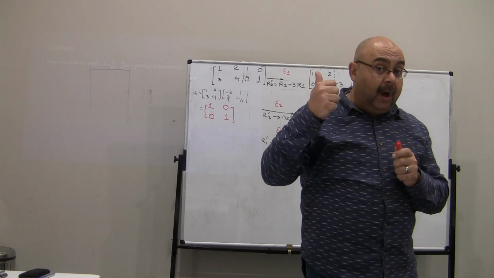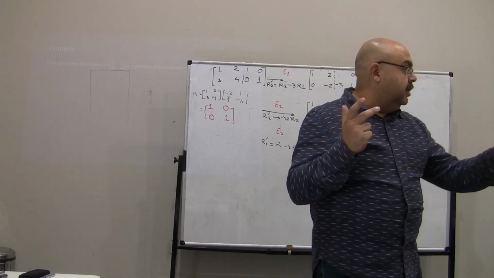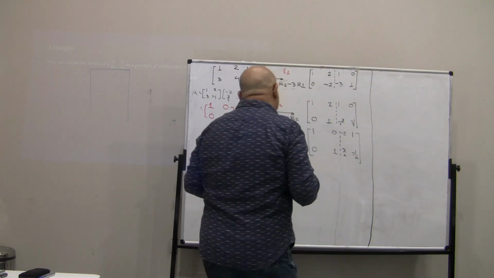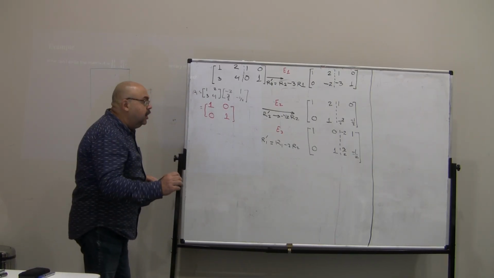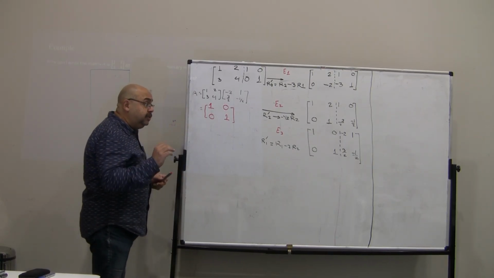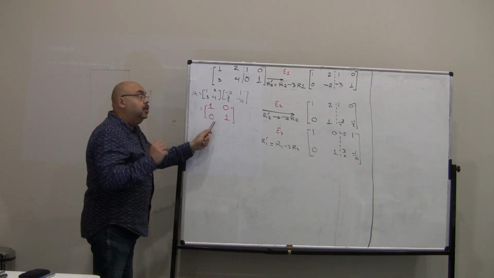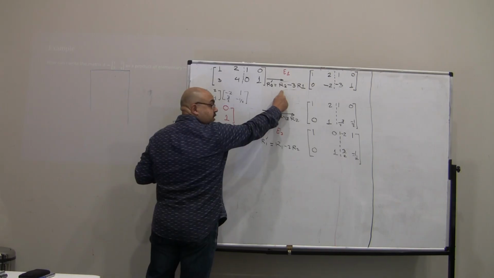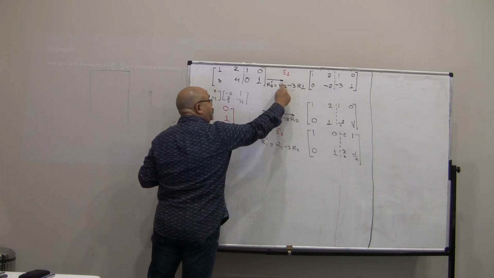Now I have E1, E2 second step, and the E3 third step. Let's write E1 as an elementary matrix. When we talk about elementary matrix, I want you to think of a unit matrix. So the first step states that we multiply the first row in negative 3 and add it on the second row.